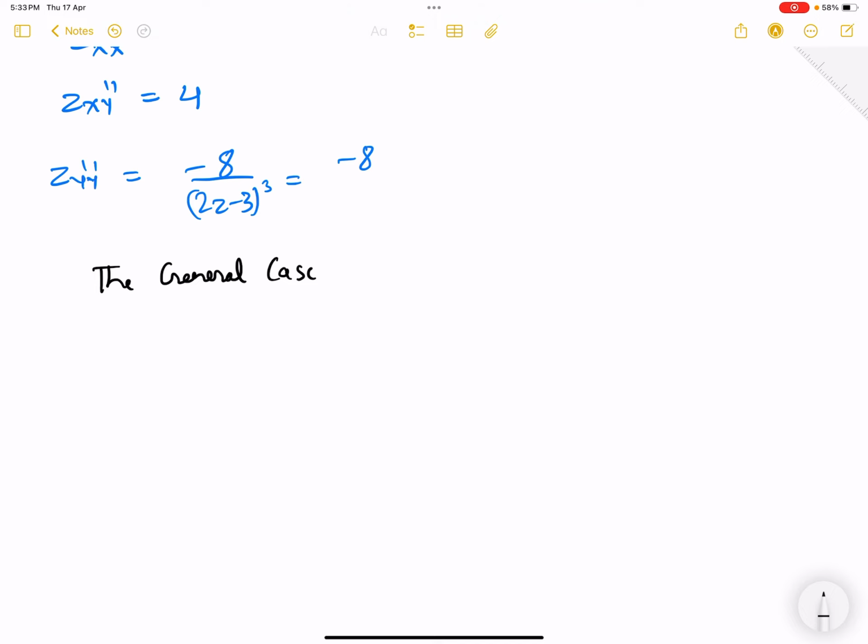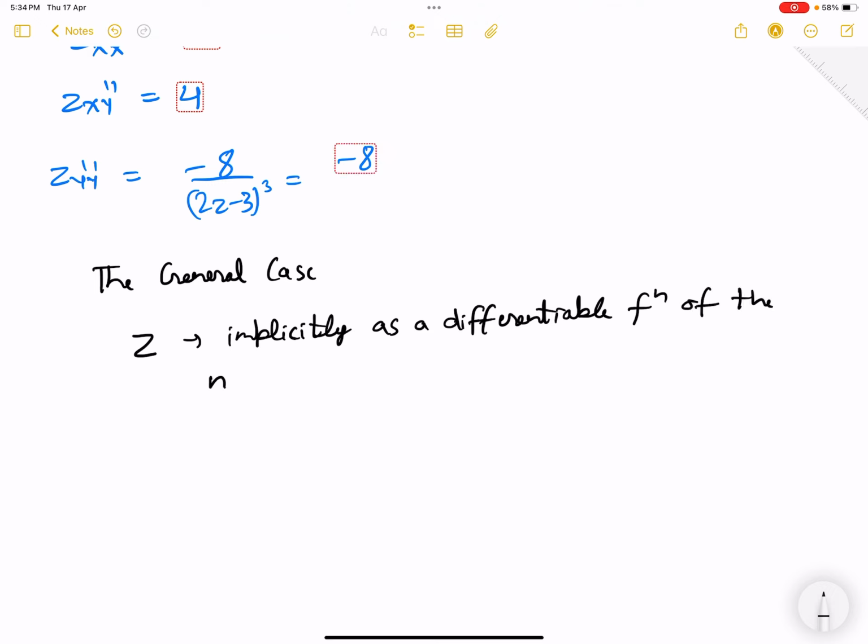अब हमने क्या किया था 3 variables का, but let's suppose z is defined implicitly as a differentiable function of n variables, and let the variables be x1, x2 till xn.